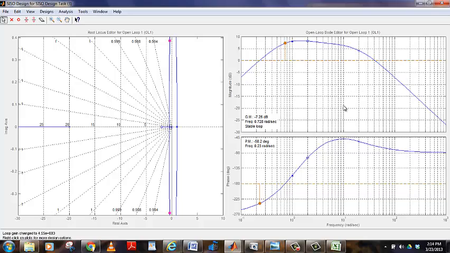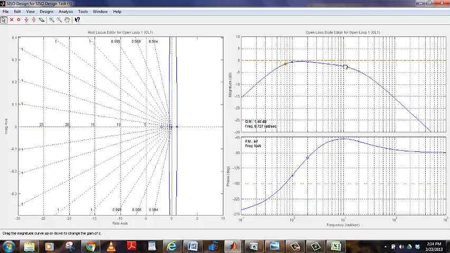The other thing that's interesting to notice is that even though I have a stable system here after root locus, because of the unstable poles, MATLAB gives me a negative phase margin here. I can see that if, for example, this is my crossover frequency, I have a pretty decent 90-degree phase margin at that crossover frequency.